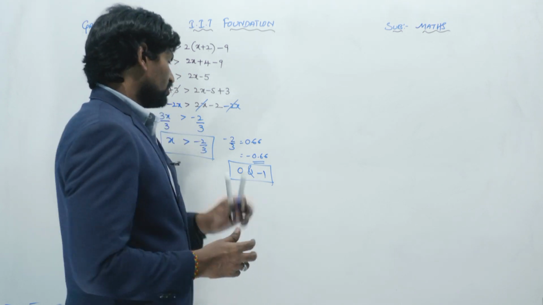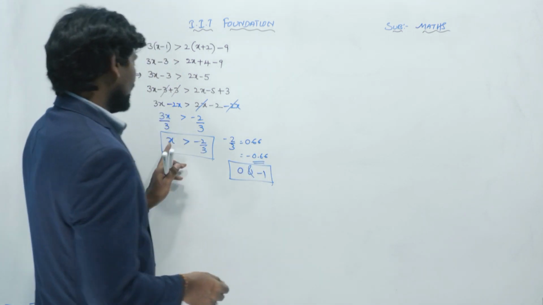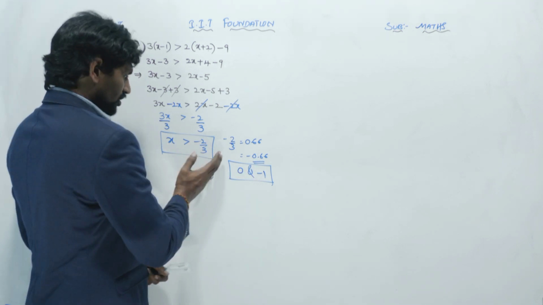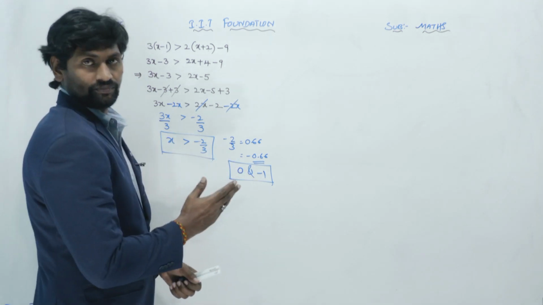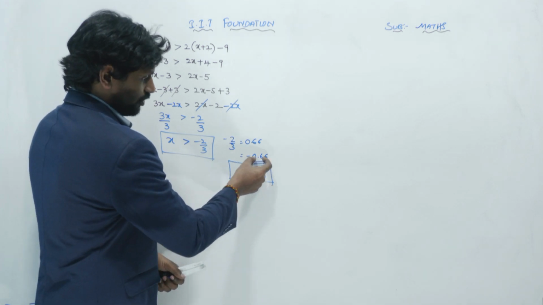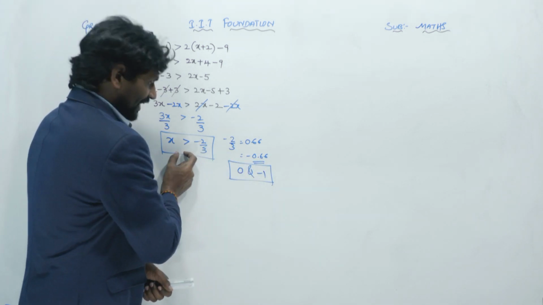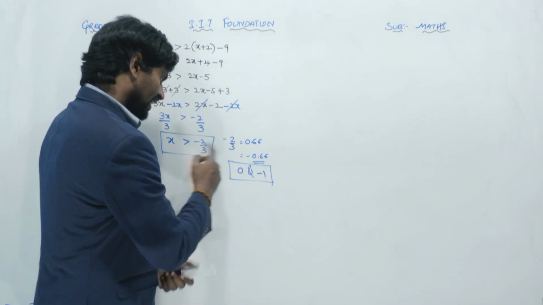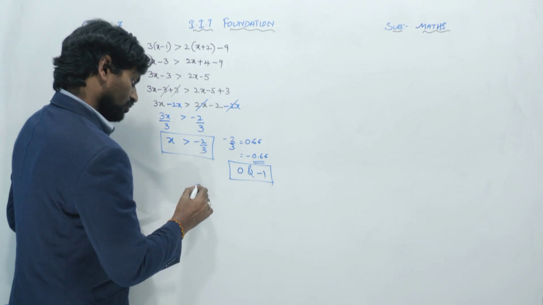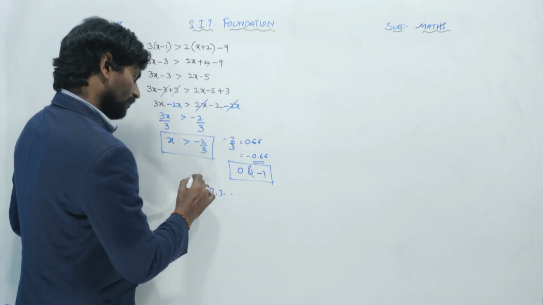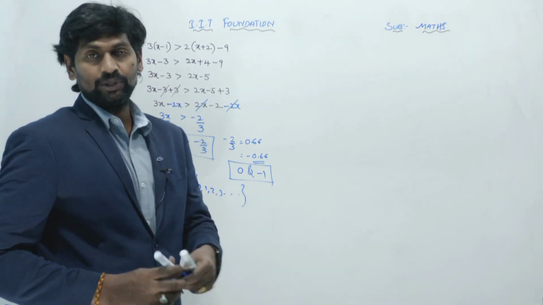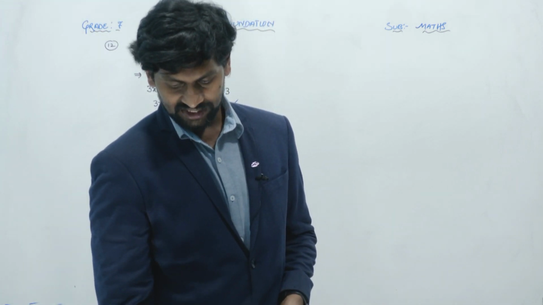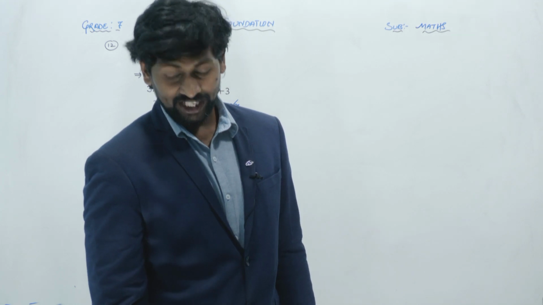That means the x value is greater than minus 0.66, so x can be 0, 1, 2, 3 and so on, all non-negative integers. According to our options, the first option cannot be the answer, and the second one cannot be the answer either.